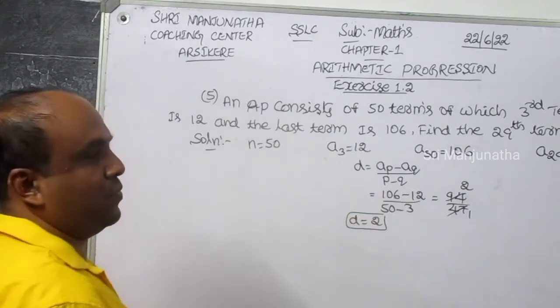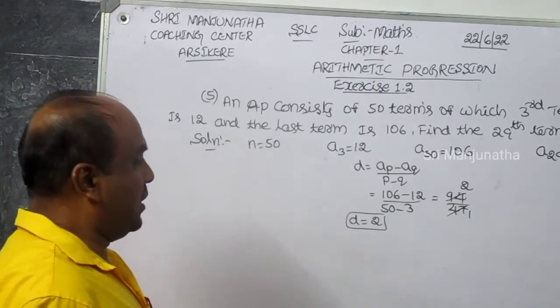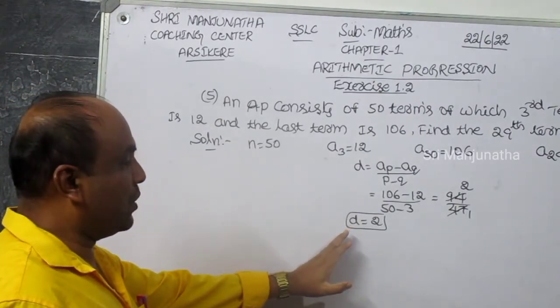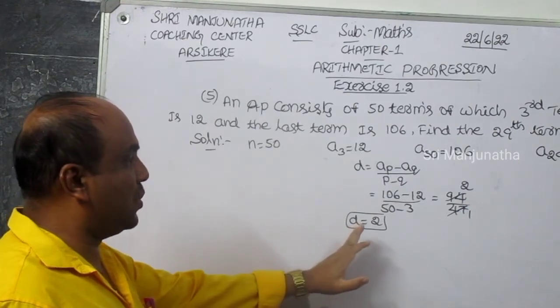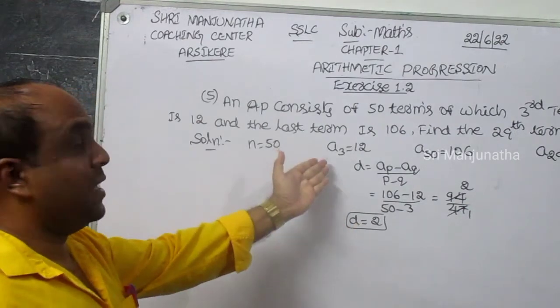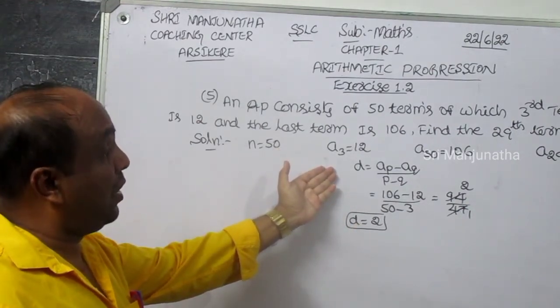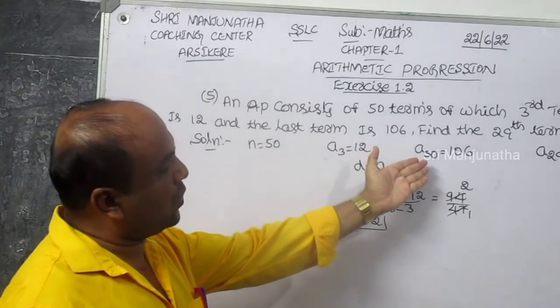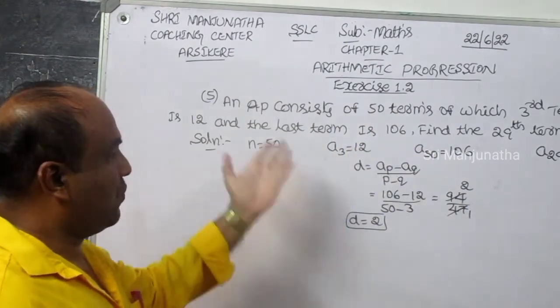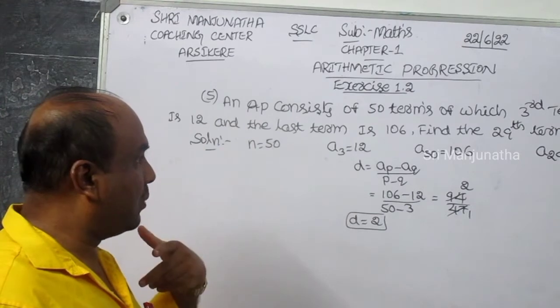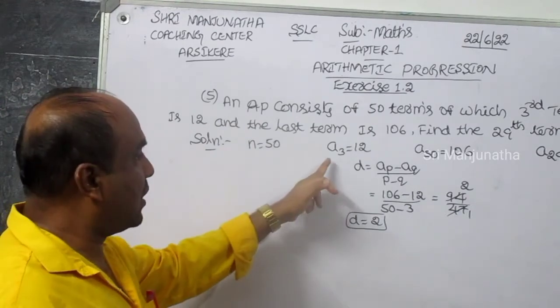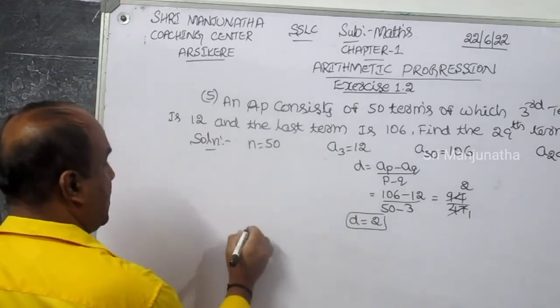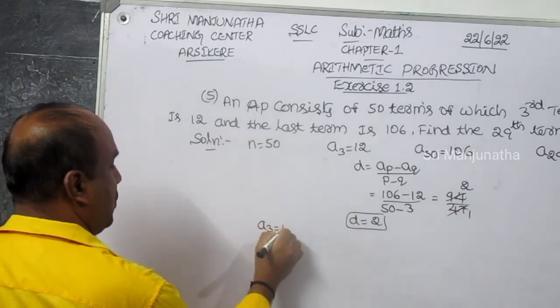So first we have to calculate the value of D, which is 2. Take either A3 equals 12 or A50 equals 106. In my opinion, I will take the first one, A3 equals 12.